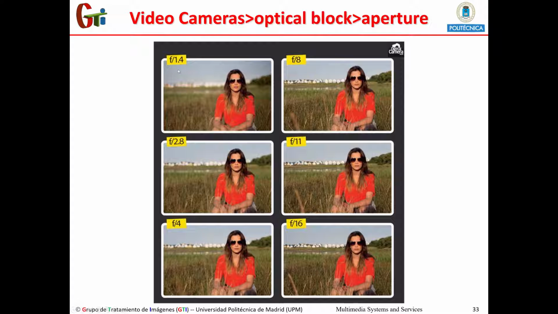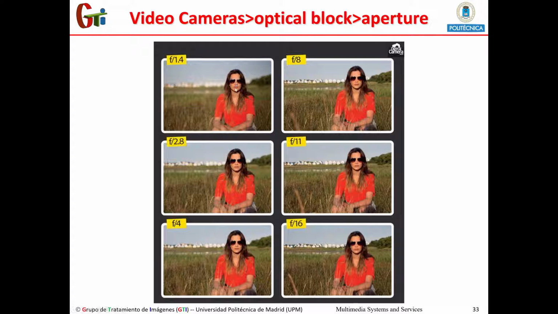It's called the F number, and it will be explained soon. And if we have a wide aperture, as you can see, only certain objects, in this case the girl, can be focused adequately, and all the rest of the scene, in this case the background, is blurred.